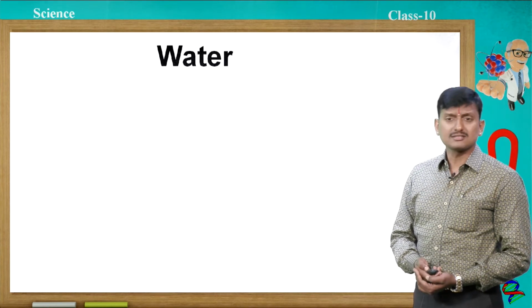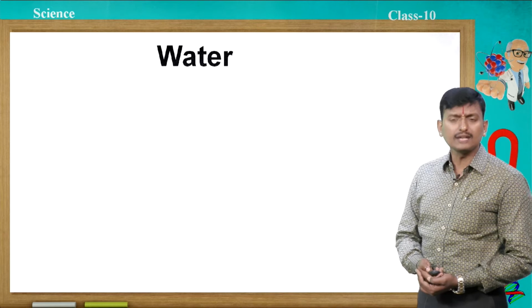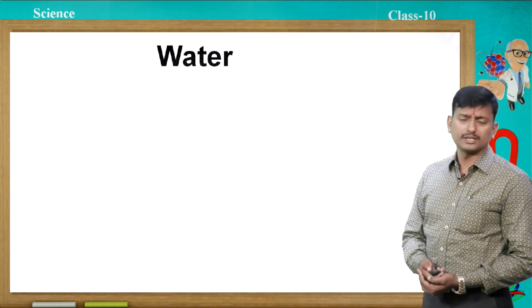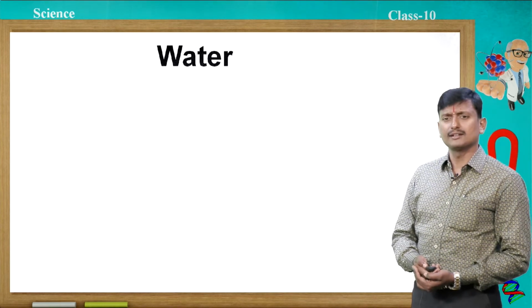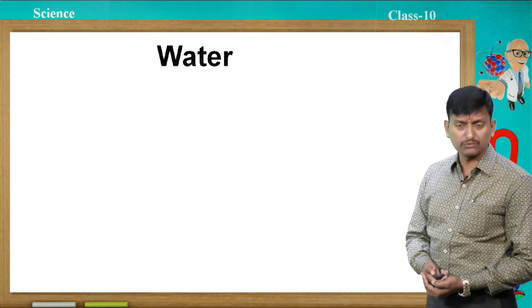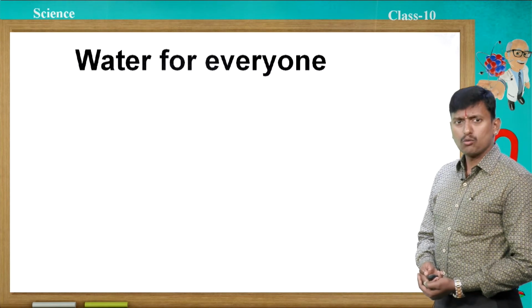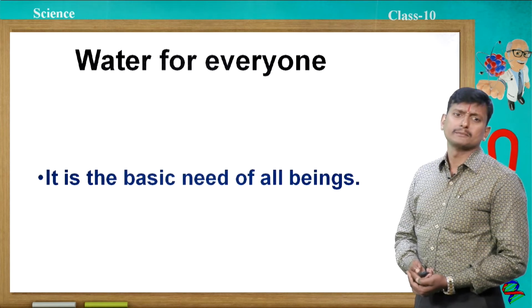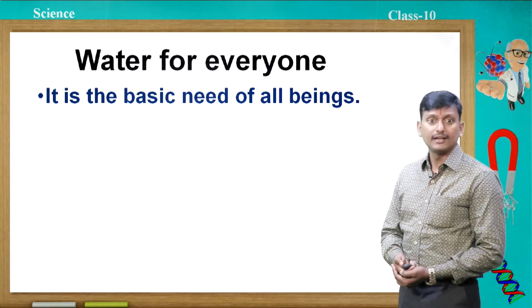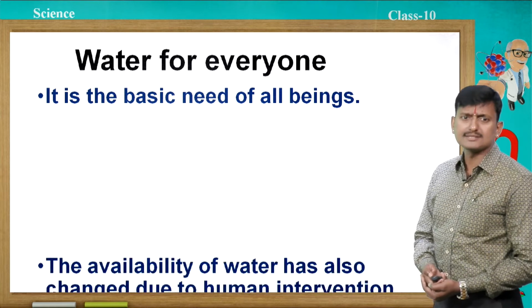The water is spread unequally over the land, so all people are not getting a sufficient amount of water. So, water for everyone.